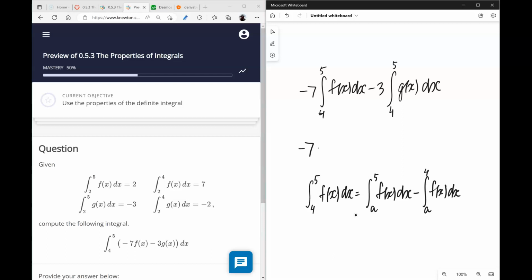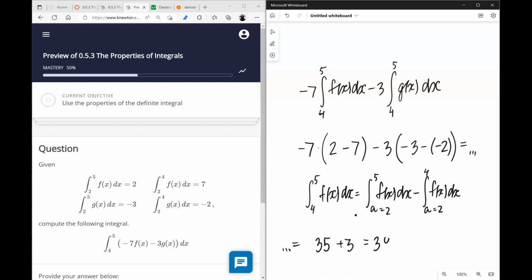And in our case, we can just set a equals to 2, and then this integral will be equal to, just carefully not to mess up the numbers, -3 minus -2. And the final answer would be 35 plus 3, 38.